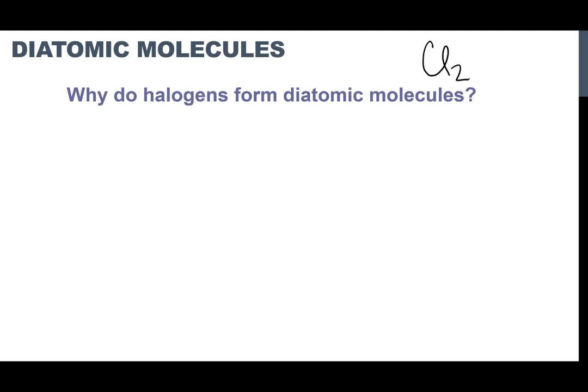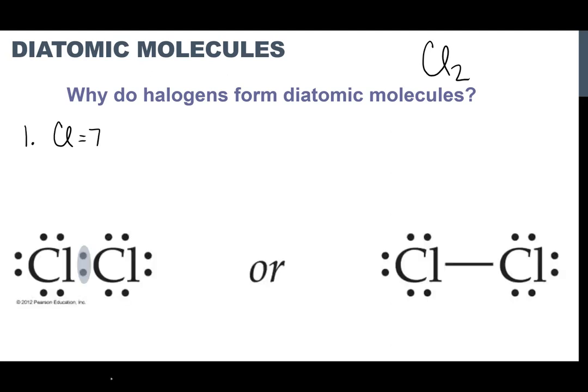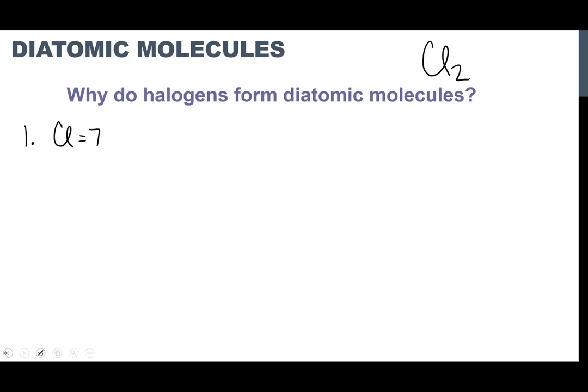So remember, going through our steps, the first step is to determine how many total valence electrons were brought to the party. Chlorine has 7 valence electrons. There's 2 atoms of chlorine. So that's a total of 14 valence electrons at the party.